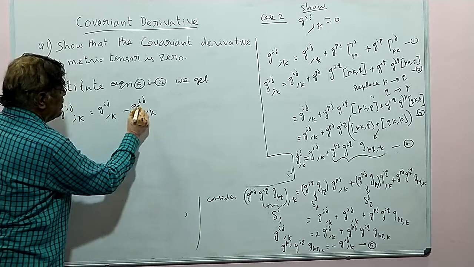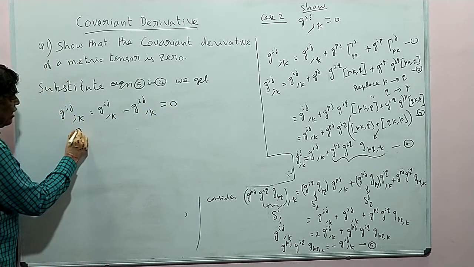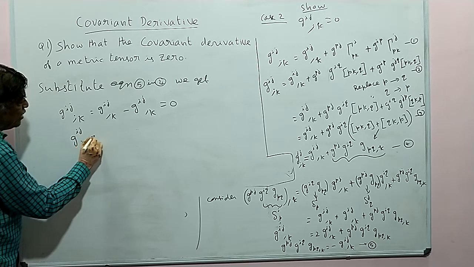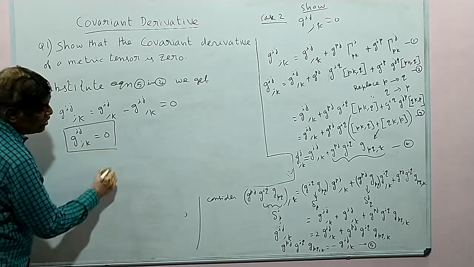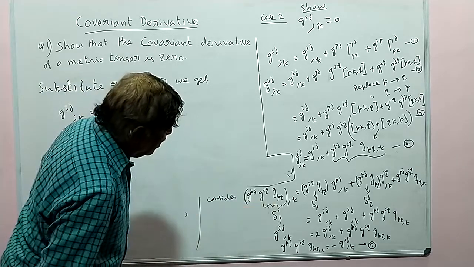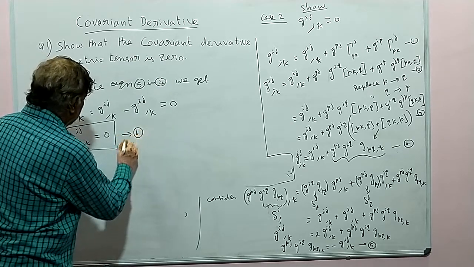So now this is 0. So you have an expression g ij semicolon k is equal to 0. So this is the equation 6.